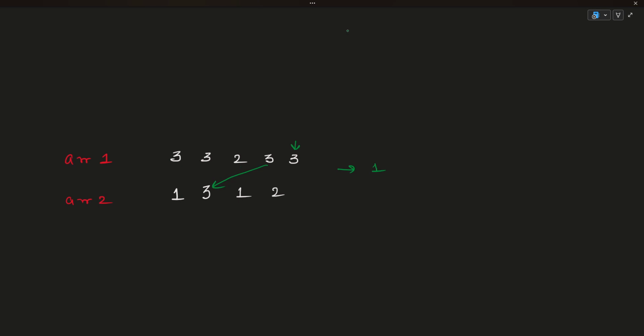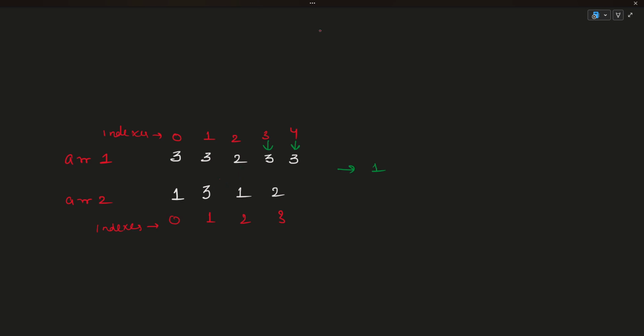The same thing will happen after this particular index. Let me write the indexes as well: 0 1 2 3 4 and 0 1 2 3. These are the indexes, so you will not get confused. 3 is connecting to the second array's 3, but after 3 we cannot connect any other element.